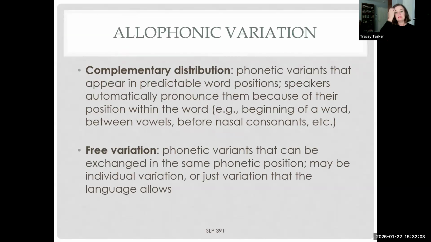When we talk about allophones, there's a couple of different ways that we can categorize them. Complementary means that they appear in a predictable way. We anticipate how we're going to say certain sounds based on where they are in a word. Lots of times when we're saying a word, our articulators, our mouth, our tongue is getting ready for the next sound in the word. We use this a lot in therapy to help kids get their tongue in the right position.